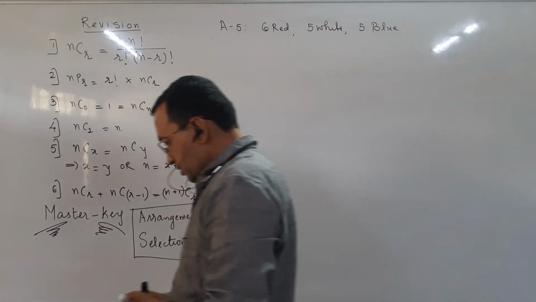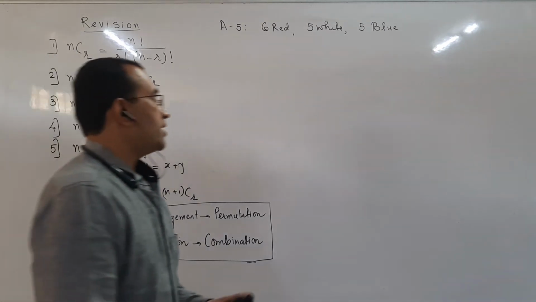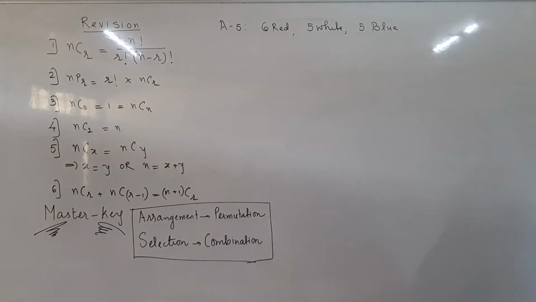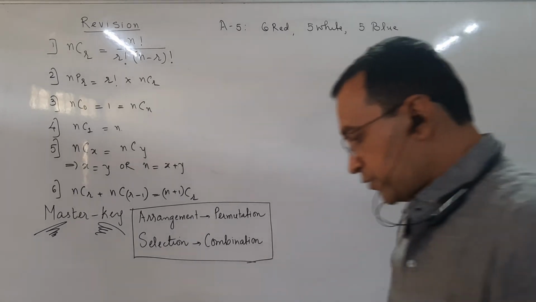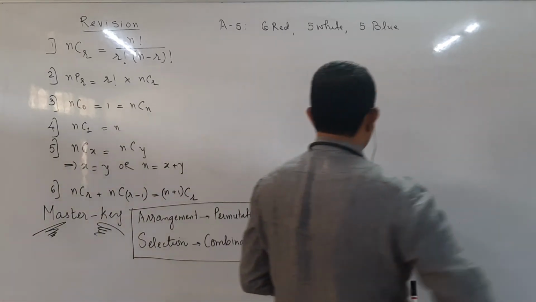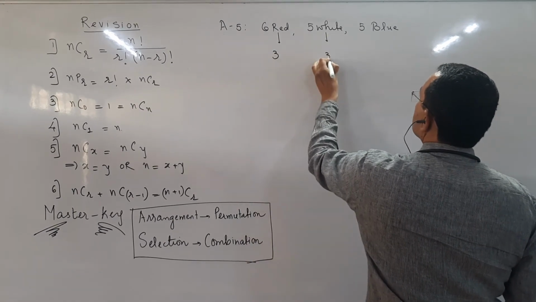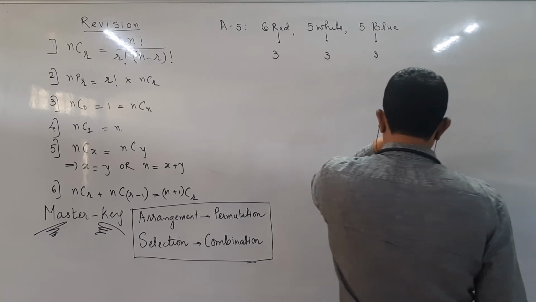This is given to us: 6 red, 5 white and 5 blue. From this, we have to select 3 balls of each color. In total, we have to select 9 balls. So from red 3, from white 3 and from blue 3.